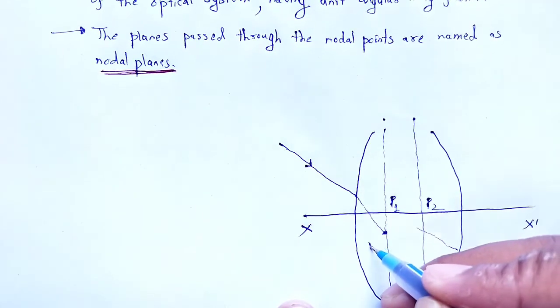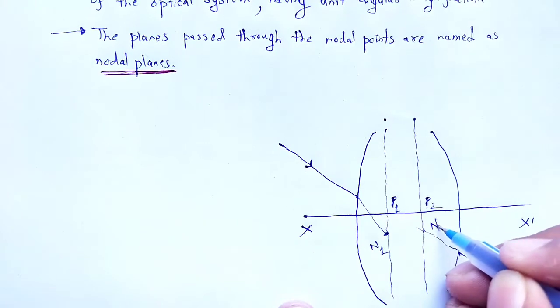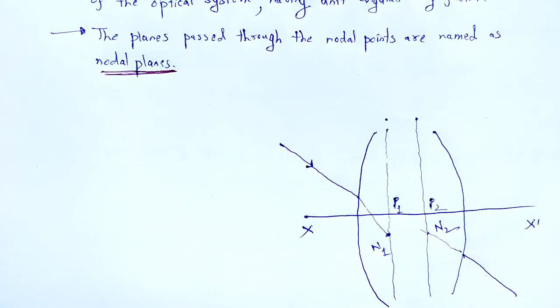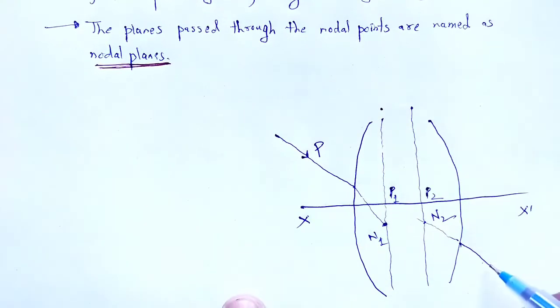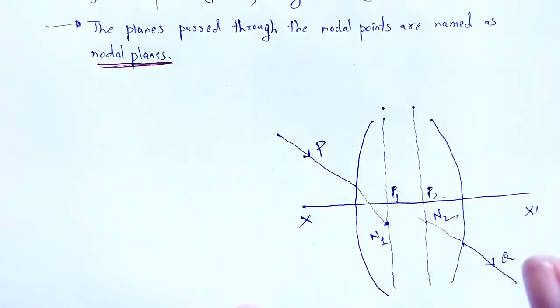That point is N1, that point is N2. This is the incident ray P, that is the emergent ray Q.